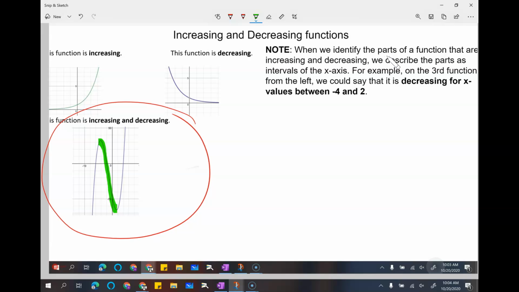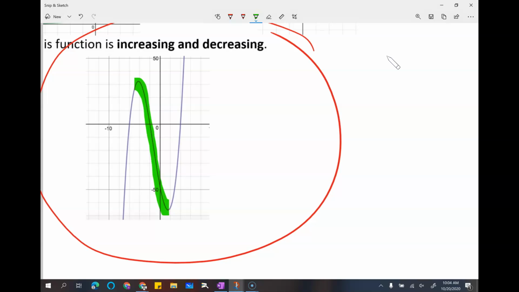And let me actually zoom in just a little bit. And it's not exact, but it looks like if I come down from that maximum point, I am at -4 on my x-axis, and if I come up here, I'm at +2. So I'm saying that the function is decreasing for all x values between -4 and 2.